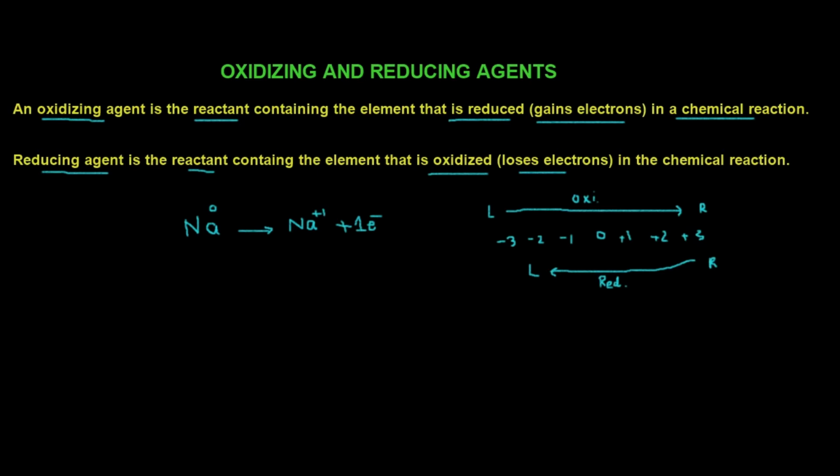So as you can see, in case of sodium, you are moving from 0 to +1. Now what does this mean? You are moving from left to right, so this is oxidation.